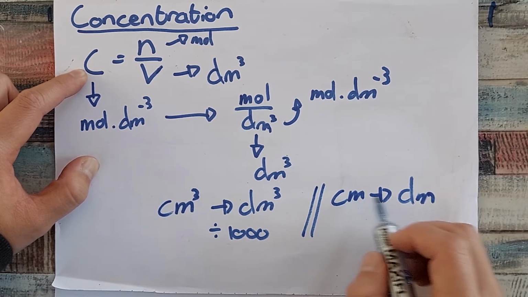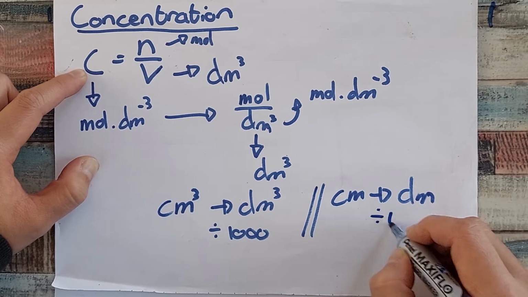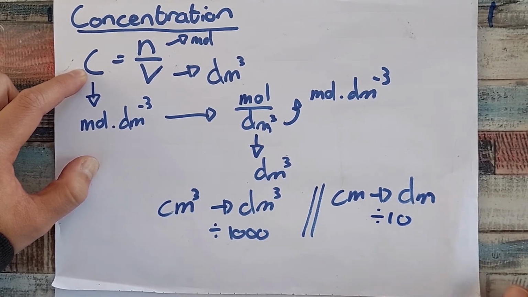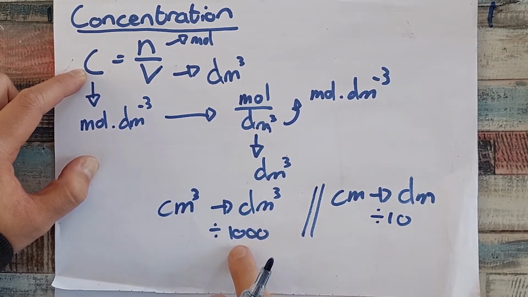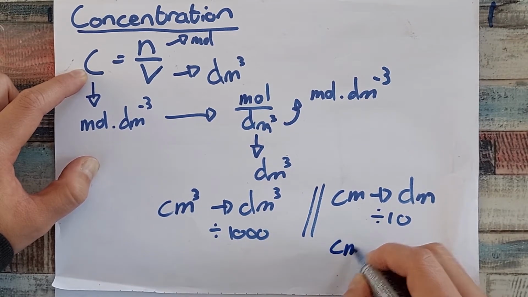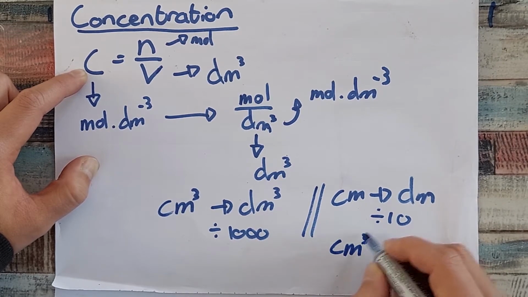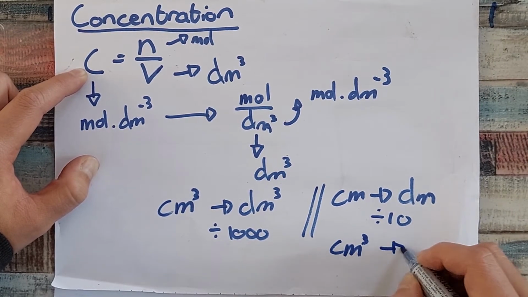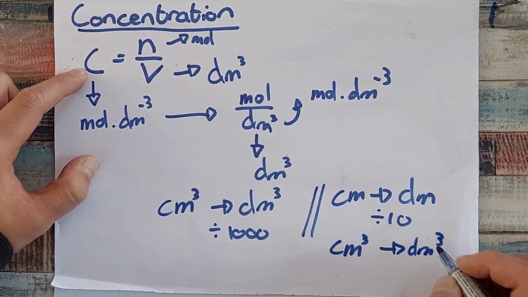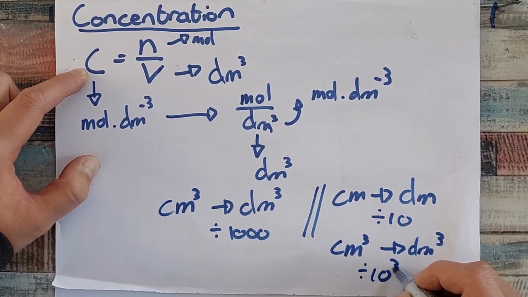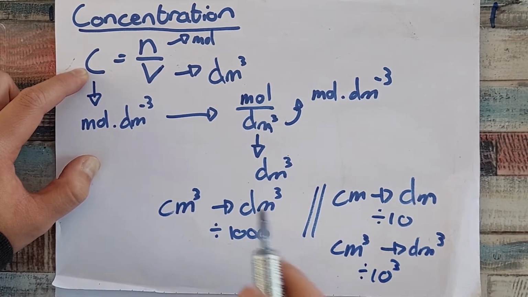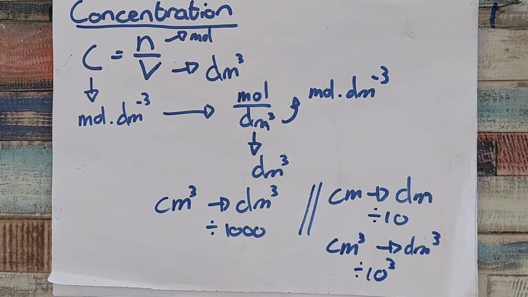So with my centimeters to decimeters, I'm just going to divide by 10. Now, what happens if I want to get centimeter cubed to decimeter cubed? The reason it's 1,000 is because with this cube, I'm not just going to divide by 10, I'm going to divide by 10 cubed. And 10 cubed is going to be the same as 1,000.